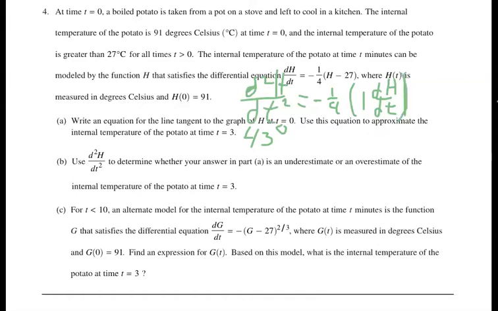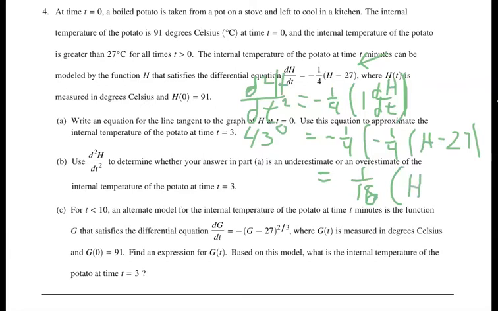So that would be that part. And then we're going to want to plug in this thing up here that was given as dh/dt back in for that. So that's going to be negative 1/4 times negative 1/4 times h minus 27, which is going to end up being positive 1/16 times h minus 27.